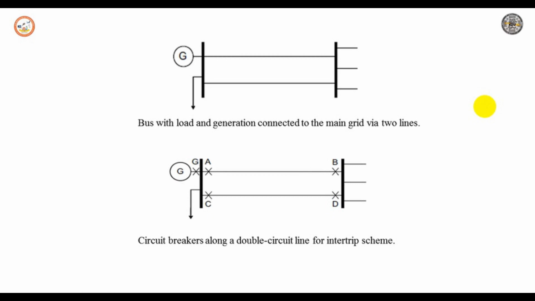The intertrip scheme allows in this case up to 140 megawatts of generation to be connected instead of 80 megawatts. The drawback is that the generation, or part of it, is tripped whenever one of the lines is tripped, which limits the amount of time available when maintenance comes into play.